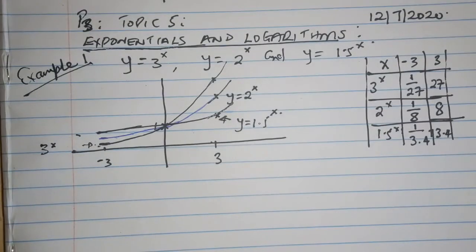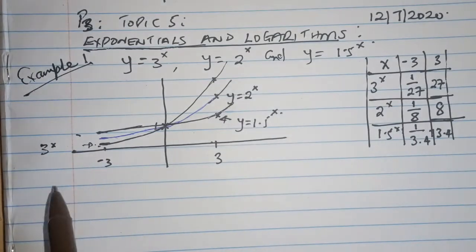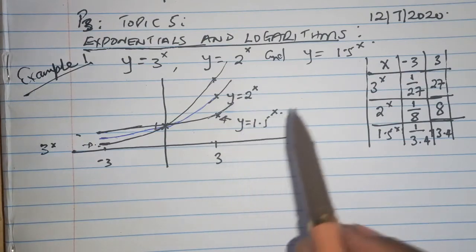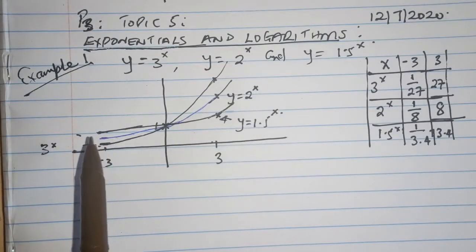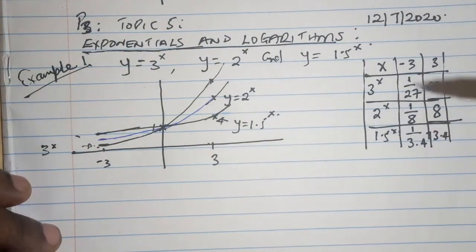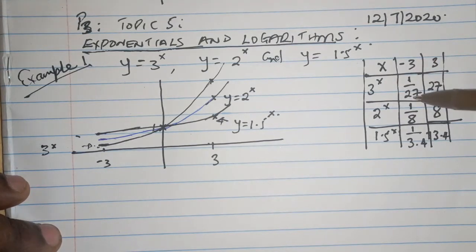But I wanted just to highlight that when x is negative, the graph that looks small is the one that is going to be bigger there. And why? Let me explain using this table. When x is negative 3, 1 over 27, 1 divided by a very big number, is of course a very small number.